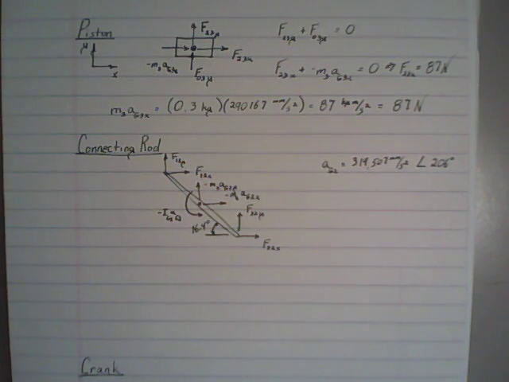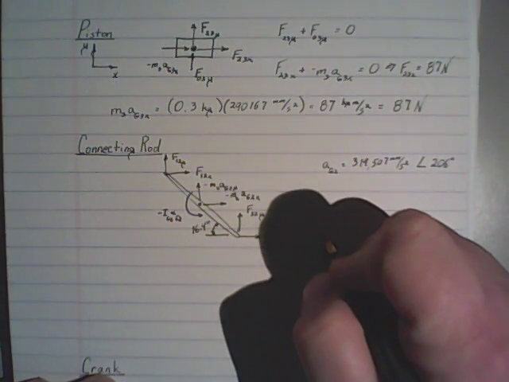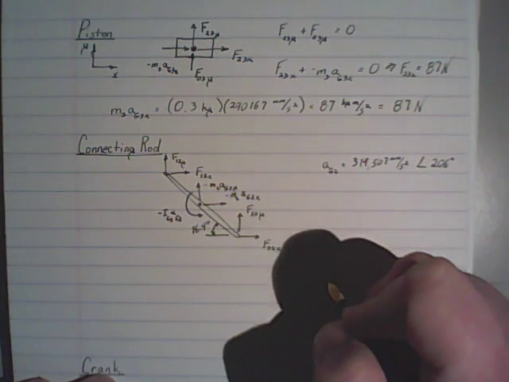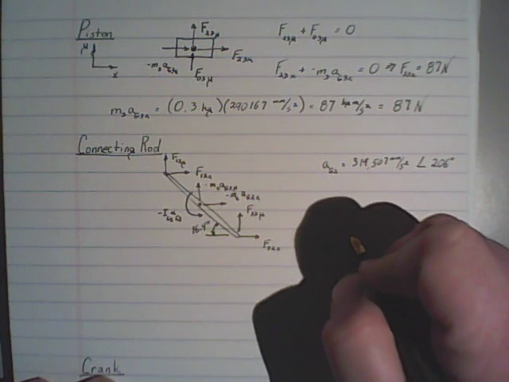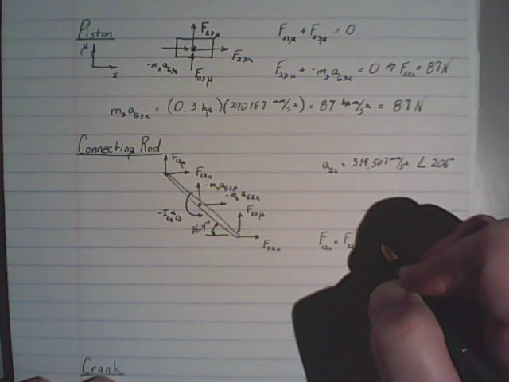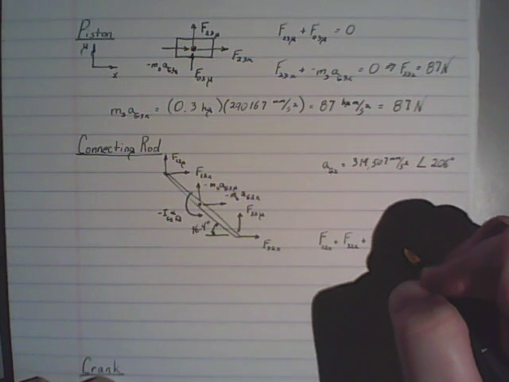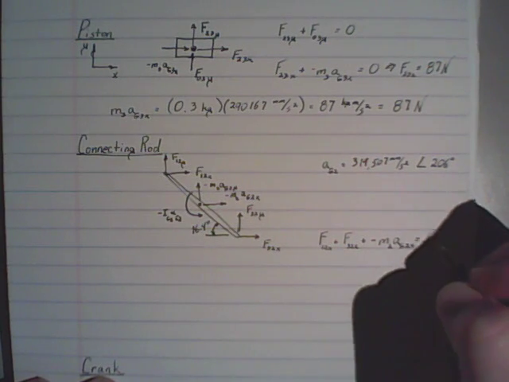I know that I will have, let's start up here. These are going to get long. F12x plus F32x plus negative m2 a_g2x is equal to 0.